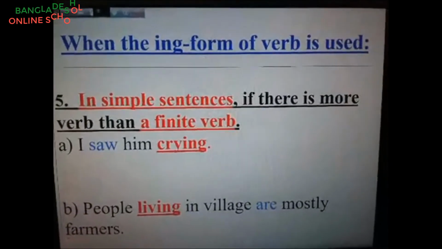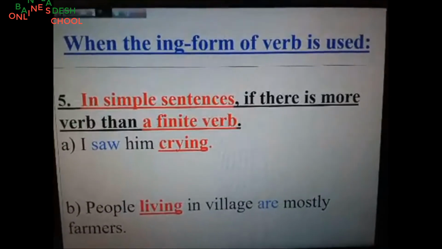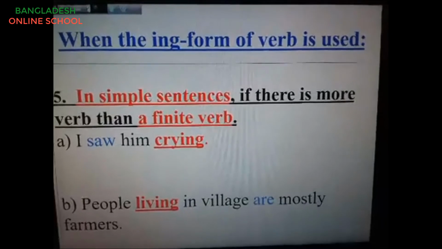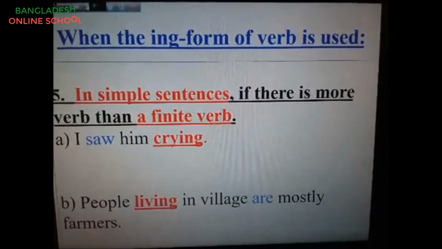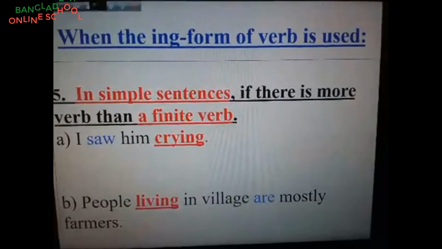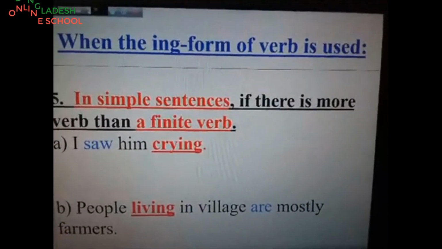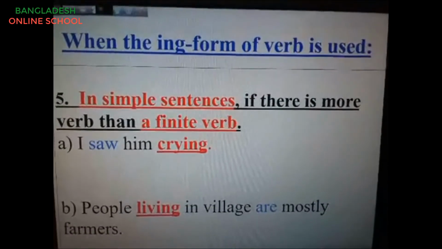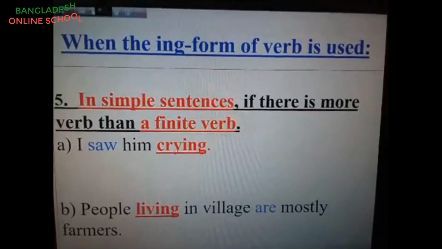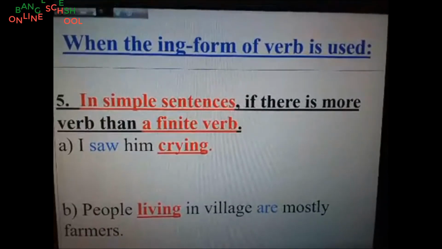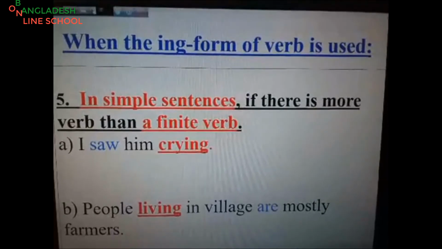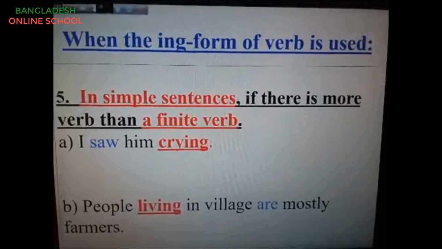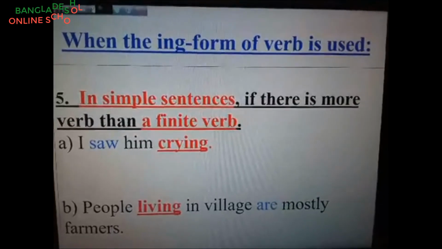It is a very important and vital rule you should learn. In simple sentences, if there is more than one verb, that is, a verb other than the finite verb, then you must use the -ing form of the verb. You see, I saw him crying. Here saw is a finite verb and crying is a non-finite verb.